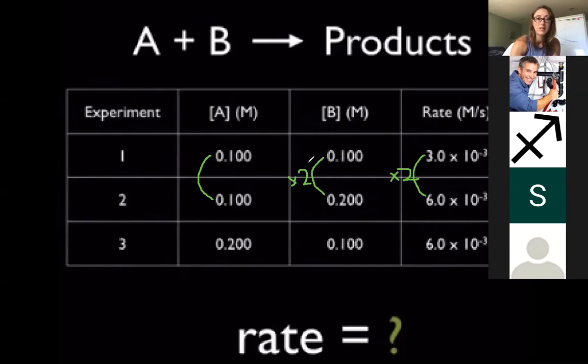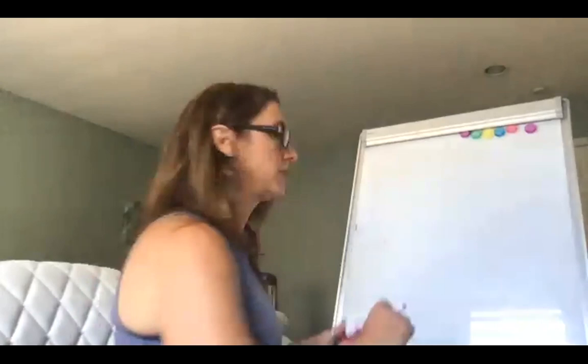Okay, because if the concentration of B is doubling and the rate is doubling, then the rate is increasing by 2 to the first power. So let's see here. I'm going to take this off screen share for just a moment so you can see.